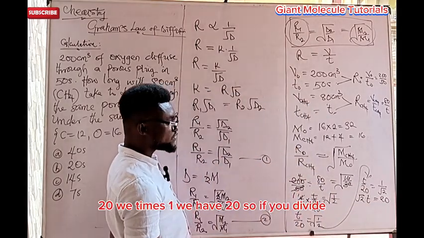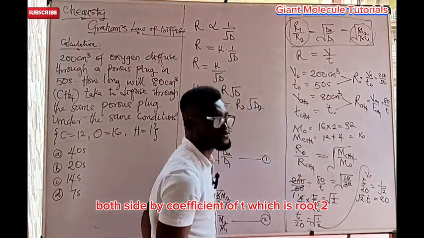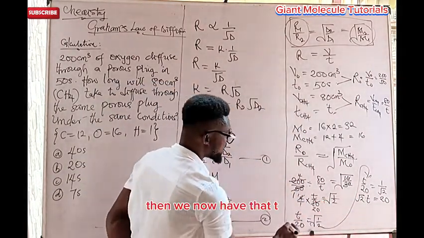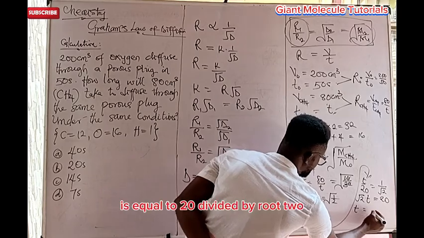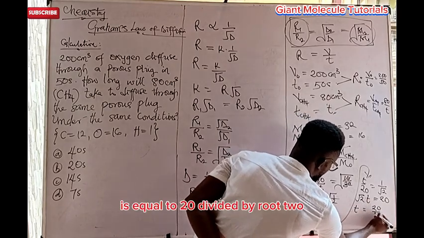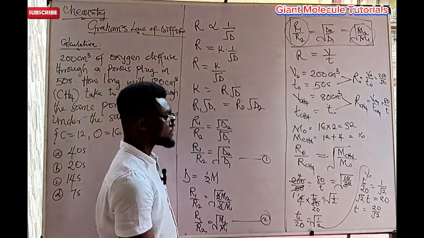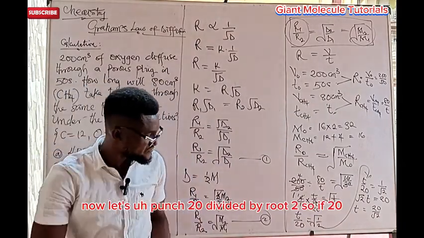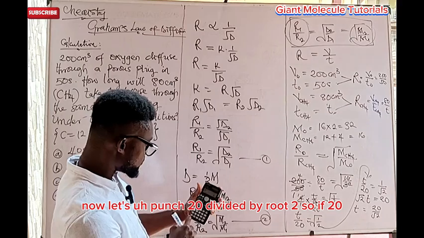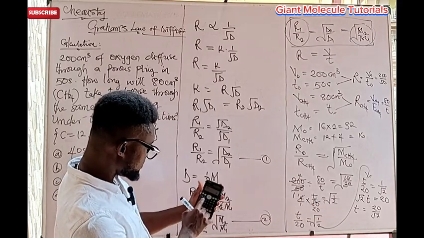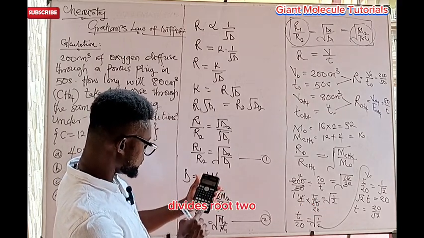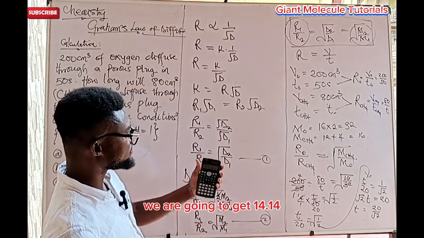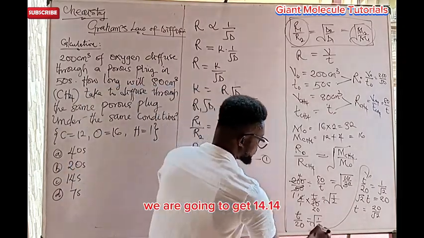So if you divide both sides by the coefficient of T, which is root 2, then we have that T is equal to 20 divided by root 2. Now, let's punch in 20 divided by root 2. We are going to get 14.14.